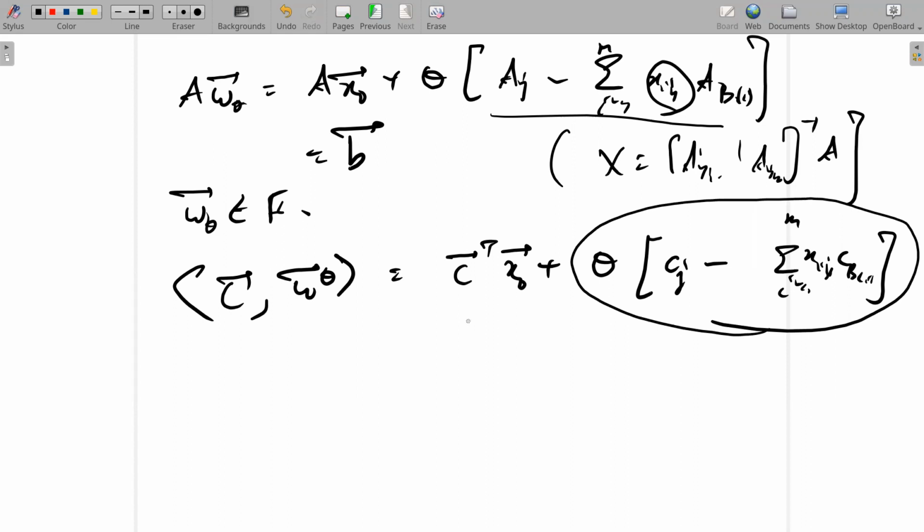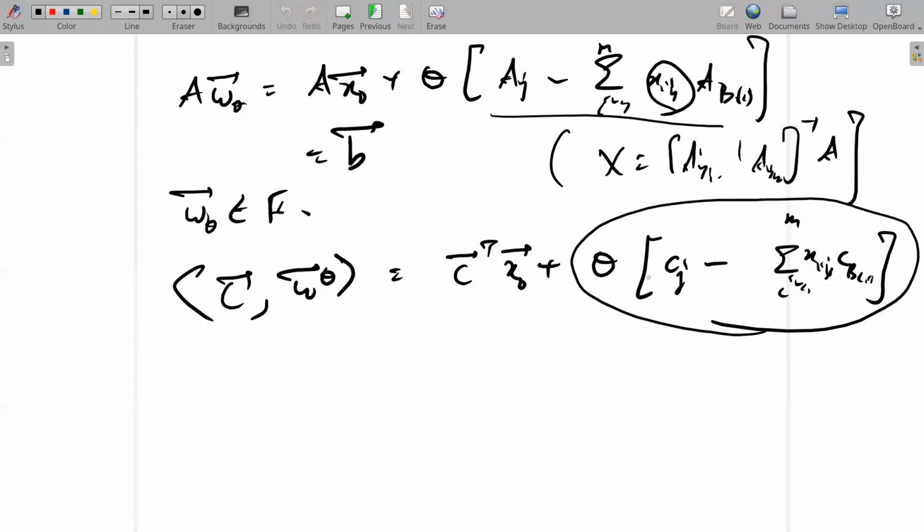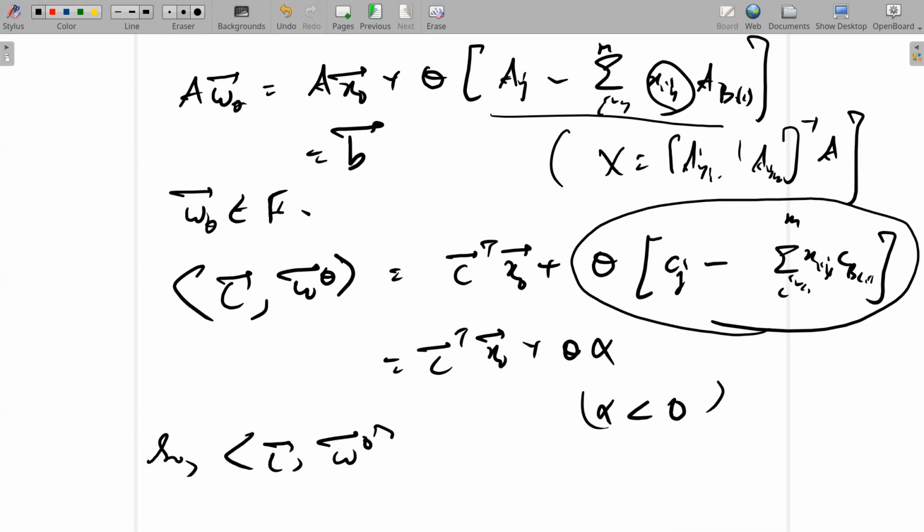Okay, so now Cj bar is strictly less than 0, right? The way we had chosen j is such that this modified cost was strictly less than 0. So in fact, this is equal to something plus theta times something which is strictly less than 0, say alpha, and alpha is strictly less than 0. So what does that tell us? By choosing theta to be as large as I want, C w theta can be made arbitrarily small.